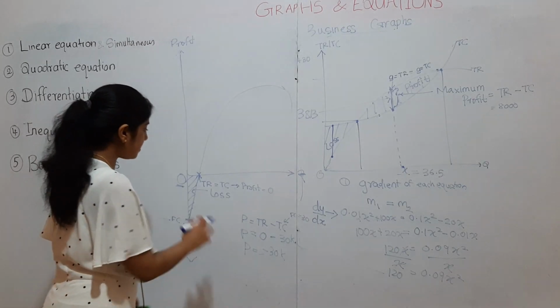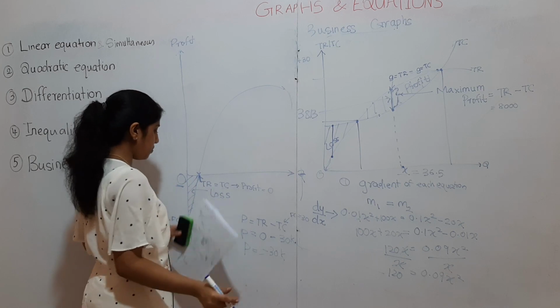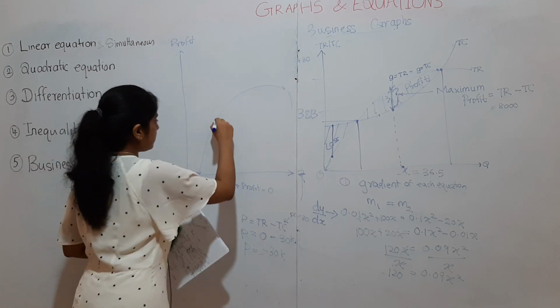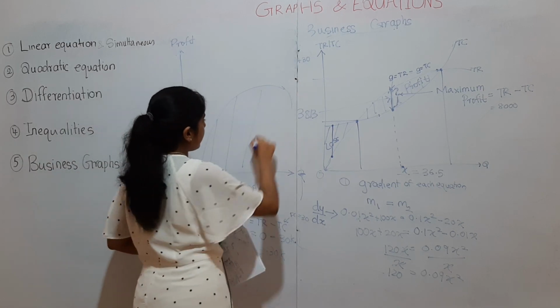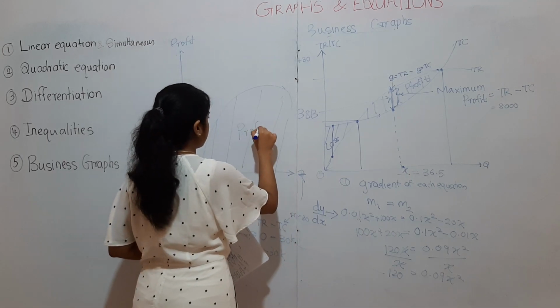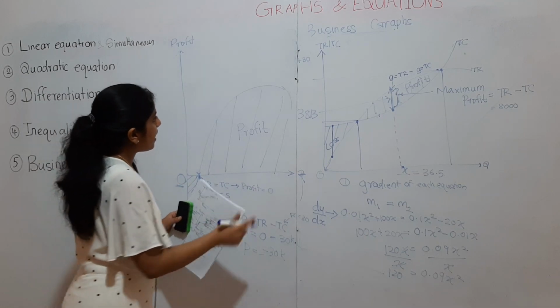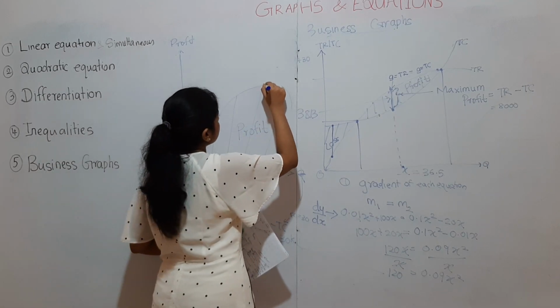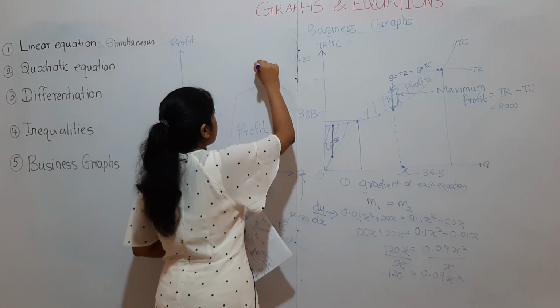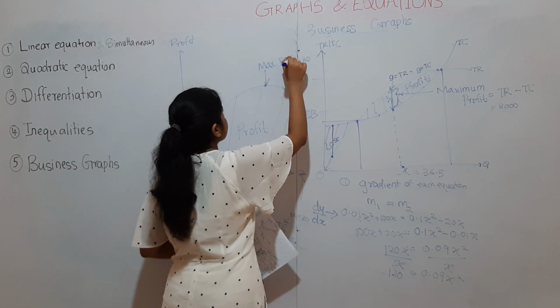Alright. So this is the loss side. This is when profit is equal to 0, and then this is the profit area. Alright, and the maximum point of the parabola is where you get the maximum profit.